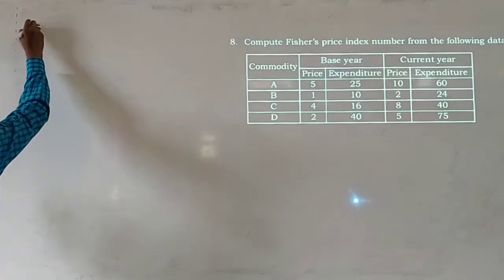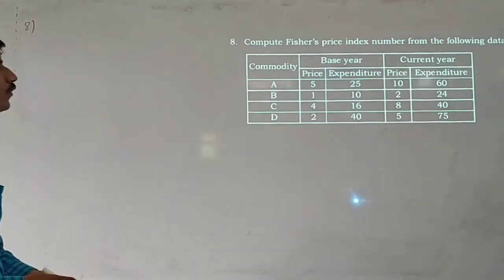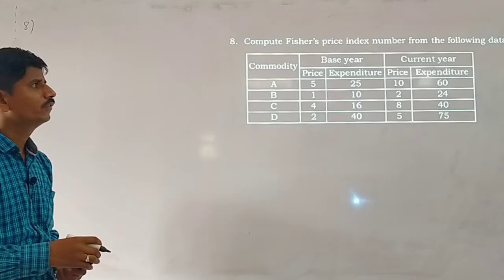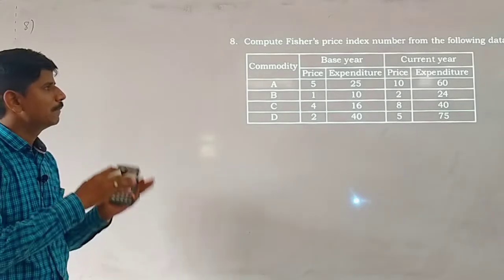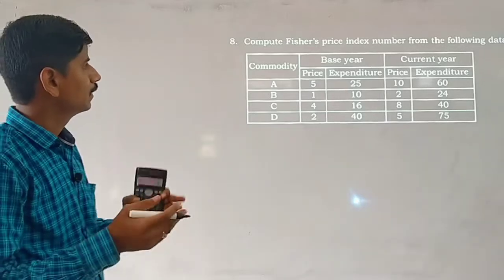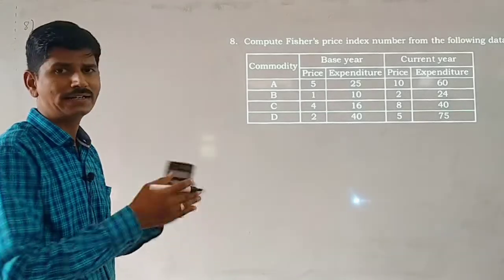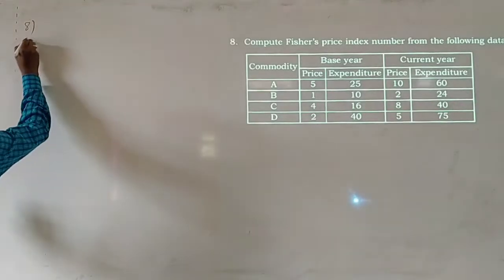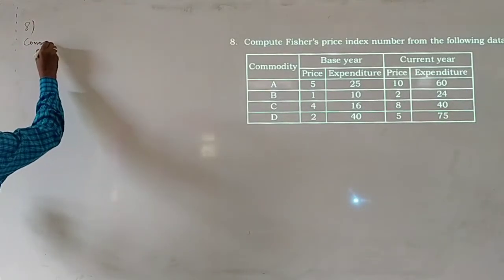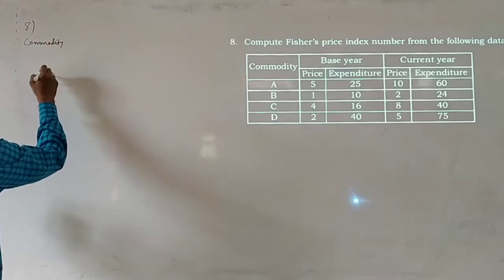Problem number 8. Compute Fisher's price index number from the following data. Here they are given commodities, base year price, base year expenditure, current year price and current year expenditure. First we write commodity.